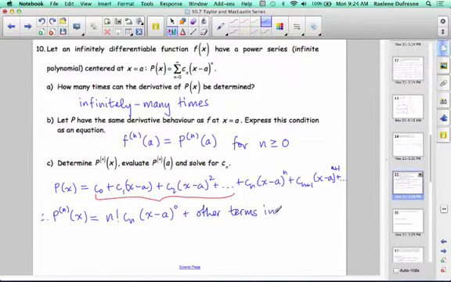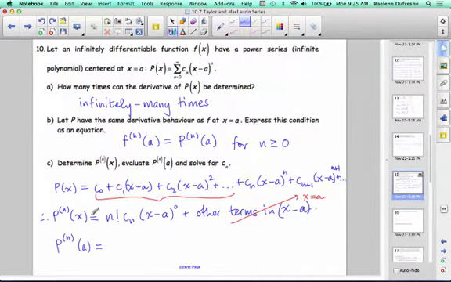In fact, I'm not really interested in those other terms, so I don't really want to know the nth derivative of p. What I'm really looking for is the nth derivative of the polynomial at x equal to a. And since the other terms involve x minus a, every time I substitute in a, they will all go to 0 when x is equal to a.